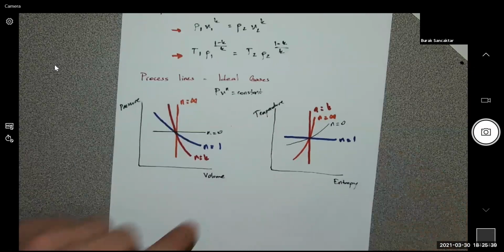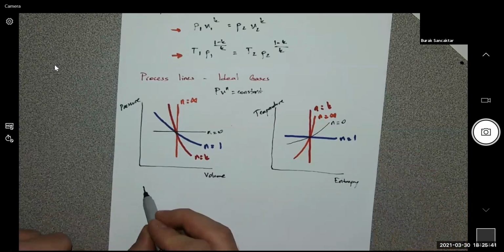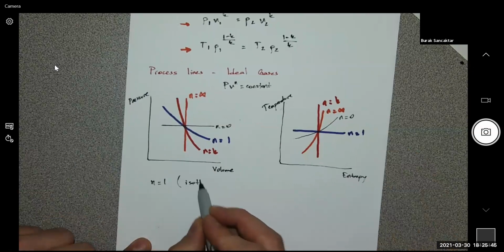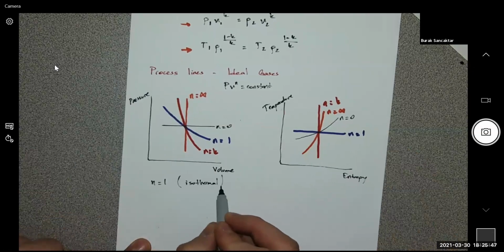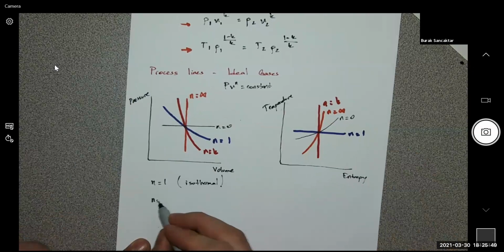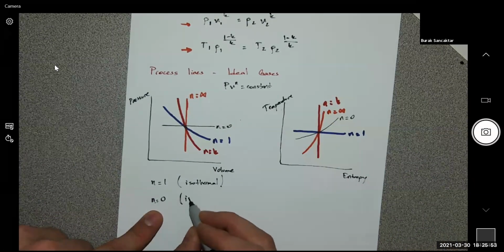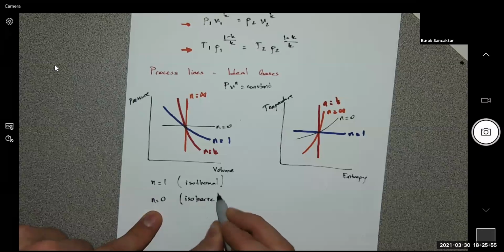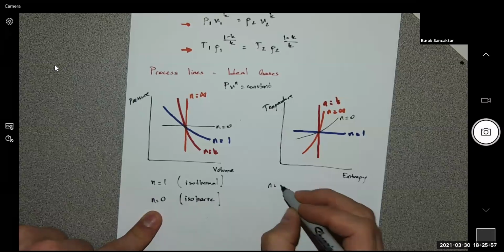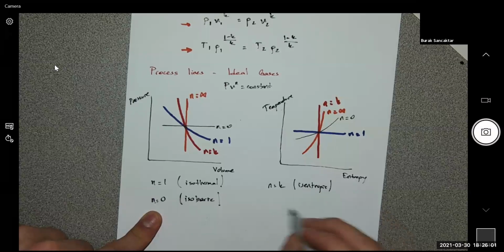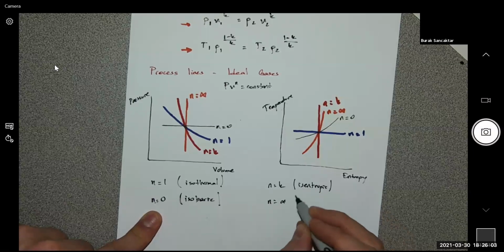When n equals 1, the process line is isothermal. When n equals 0, it's isobaric. When n equals k, it's isentropic. When n equals infinity, it's isometric.